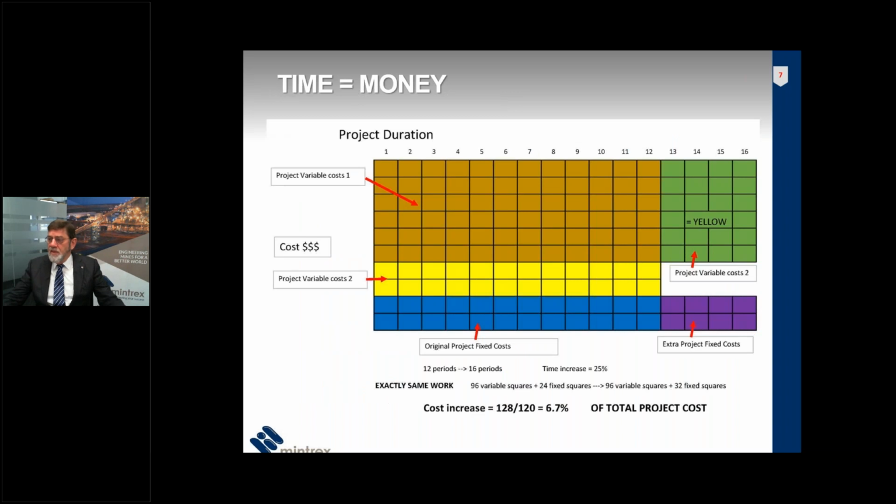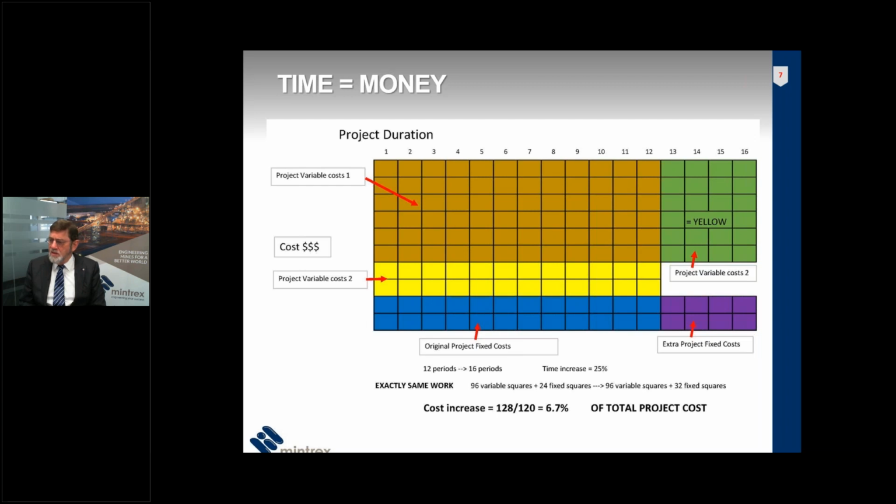And to illustrate this, I've prepared this very, very simple slide which shows a 12-period project which has a variable cost of 8 squares and a fixed cost of 2 squares.